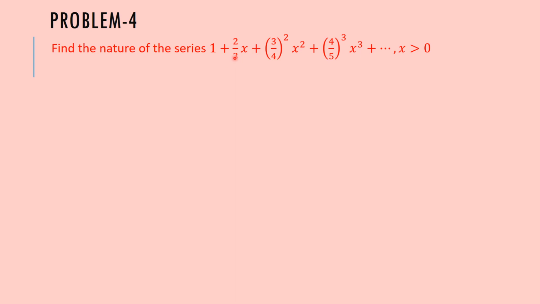Similarly in the denominator, first place it is 3, second place it is 4, third place it is 5, so the nth place is n plus 2. Then the first place has whole power 1, second place whole power 2, third place whole power 3, and the nth place whole power n, and x power n in the nth place.